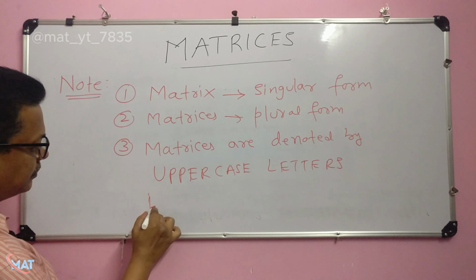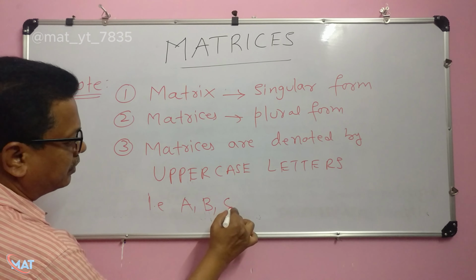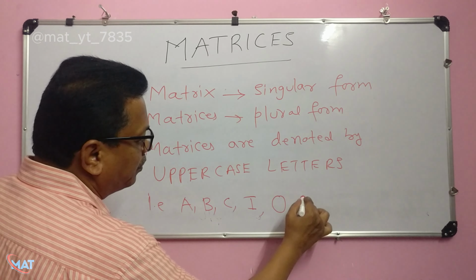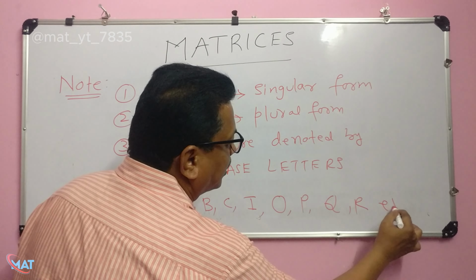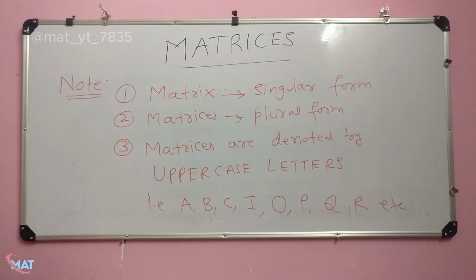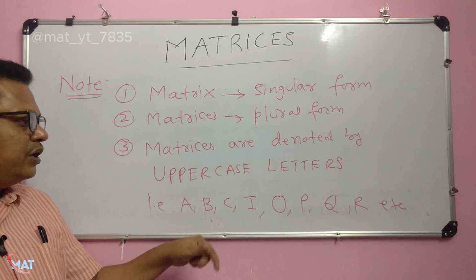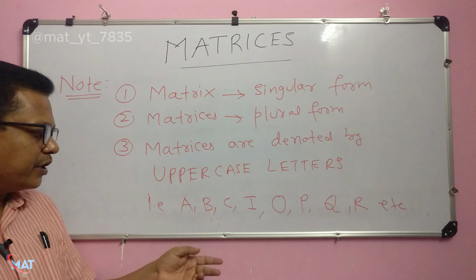That is capital A, to name a matrix, capital B, capital C, I, O, P, Q, R, etc. Frequently, we are going to use these alphabets to name a matrix. Capital A by default, sometimes B, C, if three are there.